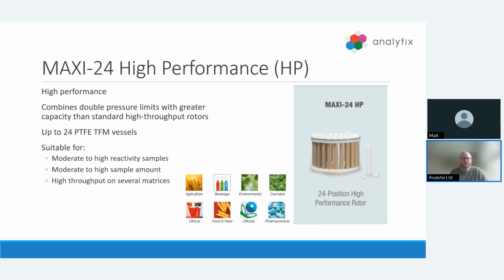The design of this enables increased compatibility with more sample types and weights in a single rotor-based system. You have the ability to digest up to 24 samples simultaneously, and with the Maxi 24, you can increase throughput, generate high quality data, and have more profitable runs, and is really a great choice of rotor for digestion of a diverse range of samples, which I've just highlighted down at the bottom there.